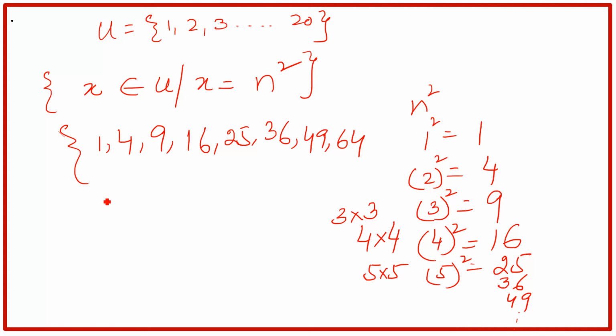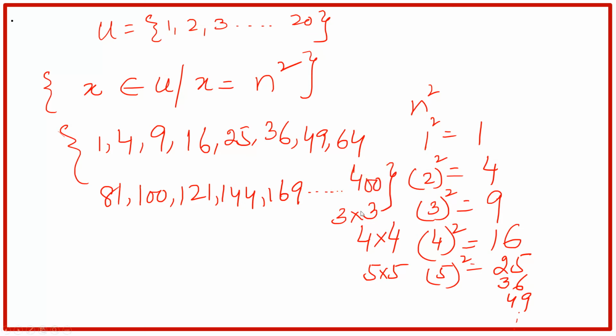I can write down the remaining here. Then 9 squared is 81, 100, 11 squared, 12 squared, 169 for 13. And just for up to 20, the last will be 400. n is squared, and we have n as 1, 2, 3 up to 20. One by one we put the values, so you will get this set. This is the listing in braces.